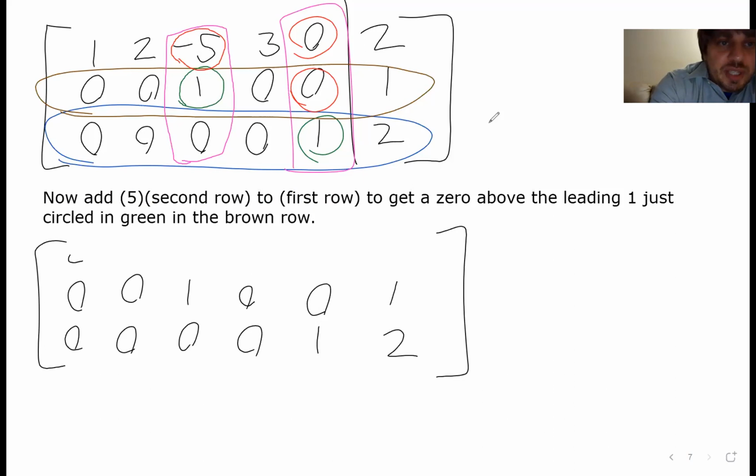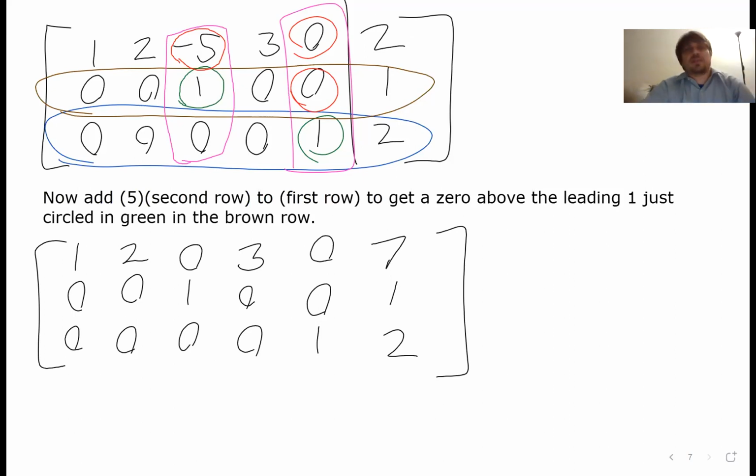So 5 times the second row to the first row, 5 times 1, 5 plus -5 is 0. This doesn't change the 3. This doesn't change the 0. But 5 times 1 is 5. 5 plus 2 is 7. So you get a 7 there.